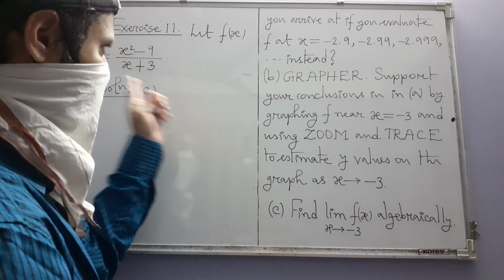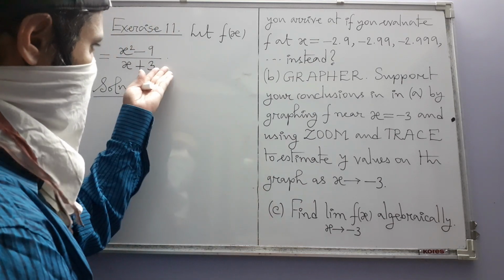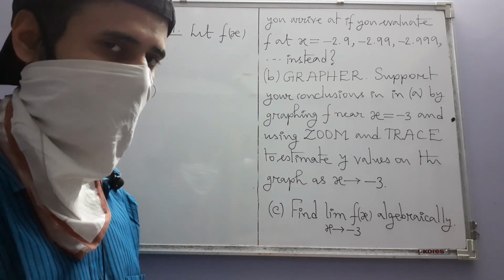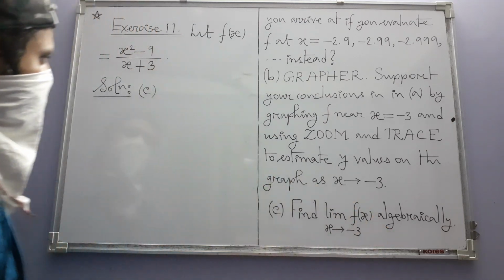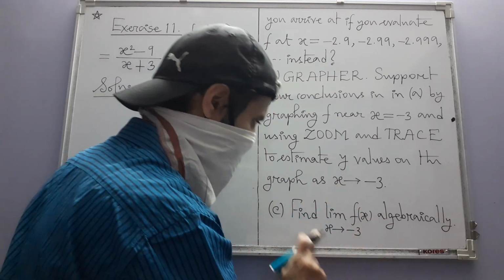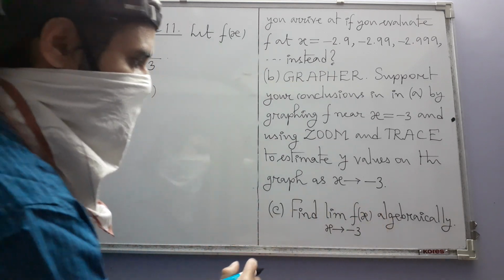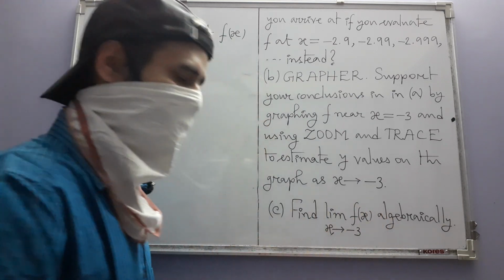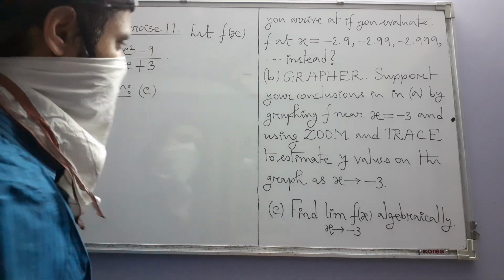In fact, here nothing goes on at minus 3. The function, the way it has been given, is undefined at minus 3. But that has nothing to do with this limiting value. And that's why when you see this limit and when you see this symbol, it means that x is close to minus 3 but not equal to minus 3.